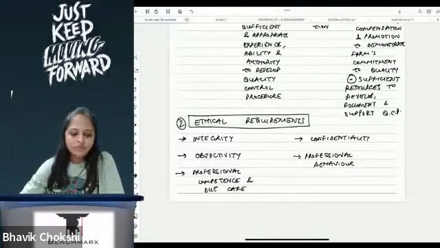Yes. So first we'll write down ethical requirement.